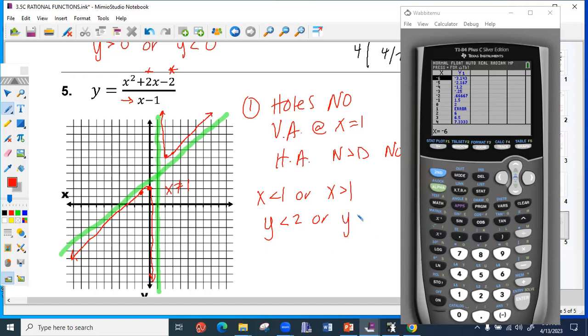Or y is greater than 6. Now, because there are points there, it's not just that they're less than, they are less than or equal to or greater than or equal to, because they have value there. If I have value, I am equal. Does that make sense? If I have a discontinuity, I am strictly less than or greater than. Value makes me equal.